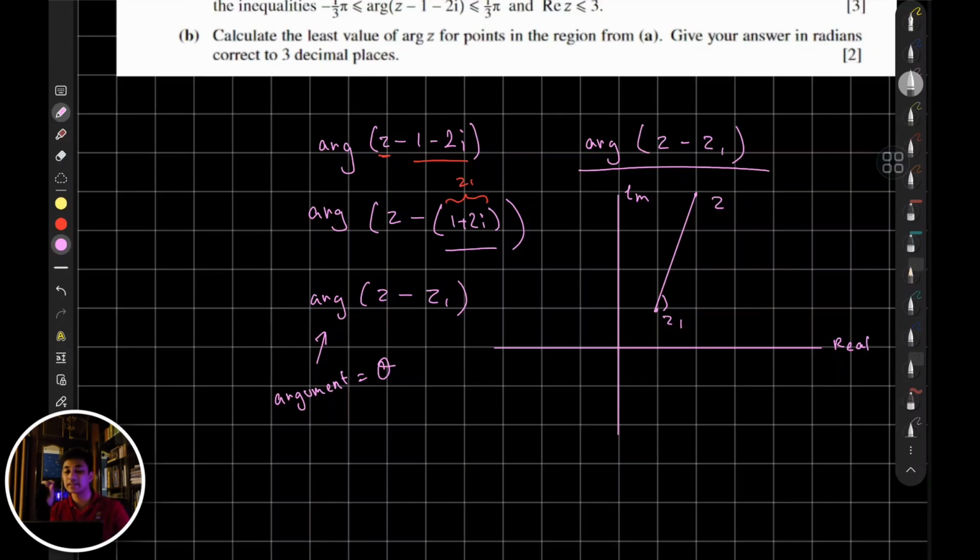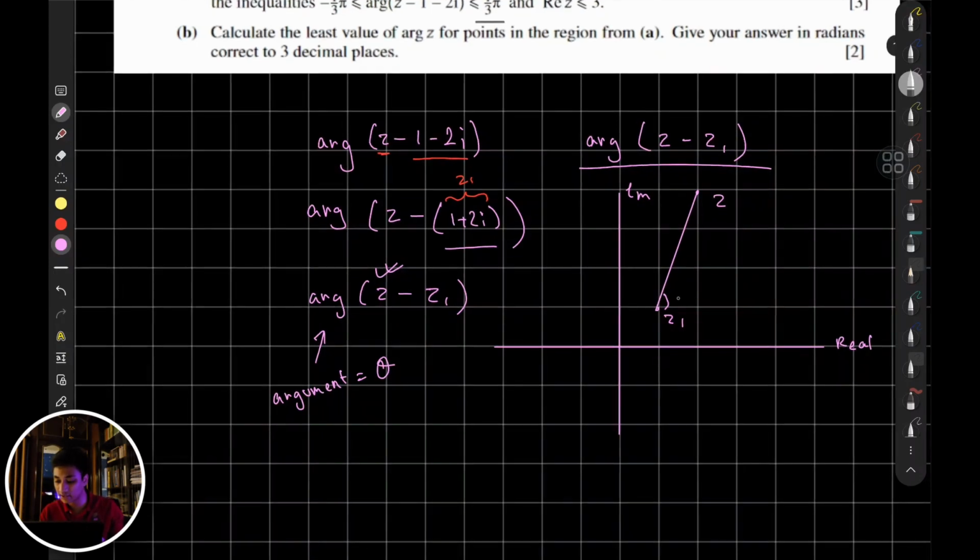Try to think of it this way: z, a complex number we don't know, is at a position on this Argand diagram which is arguing that it is, let's say, at theta equal to pi by 3. So this is telling you that this complex number z, which is unknown to us, is arguing that it is at a position of pi by 3 from z1.